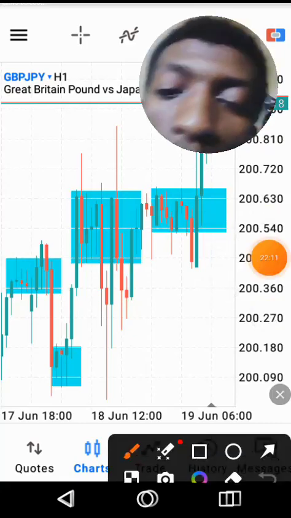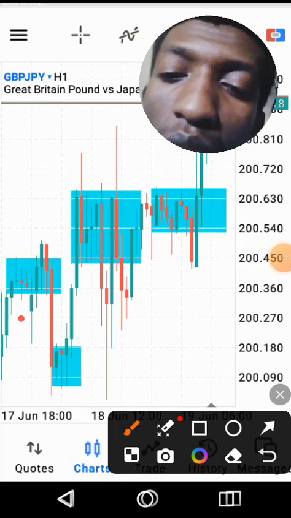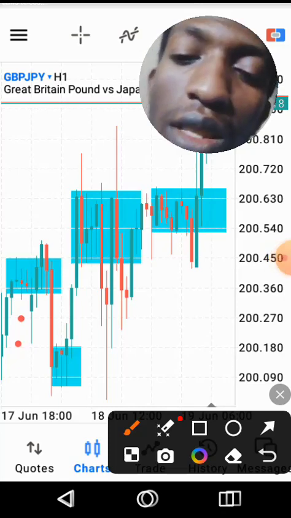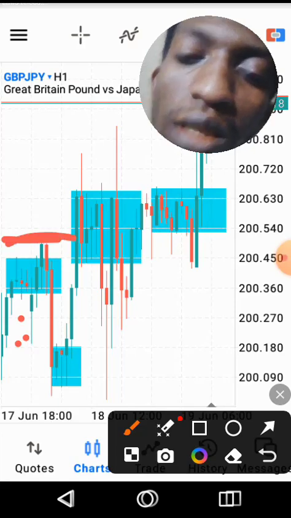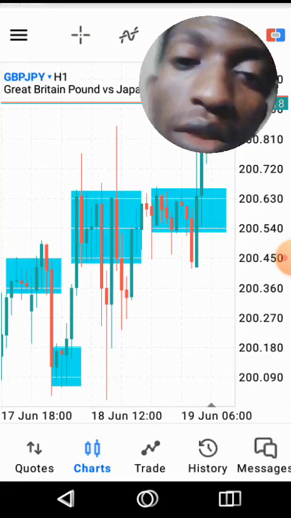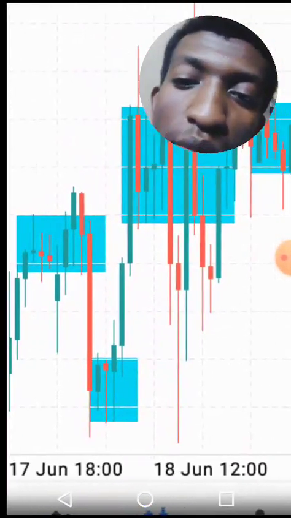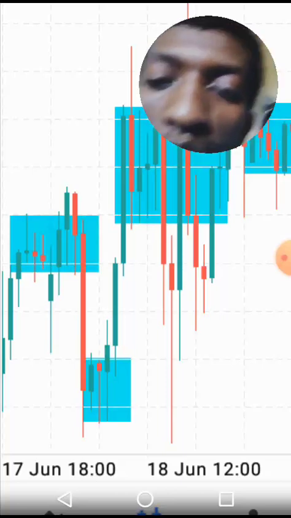Simple as that. Now then what happened? Sell. Actually it hit down there, take partials, and up there, dump it for now. Dump it. Okay? Then what happened here?